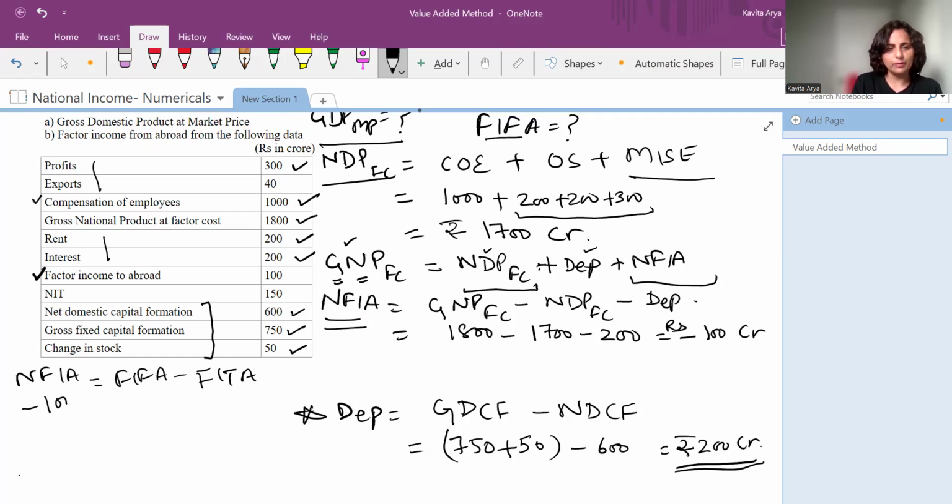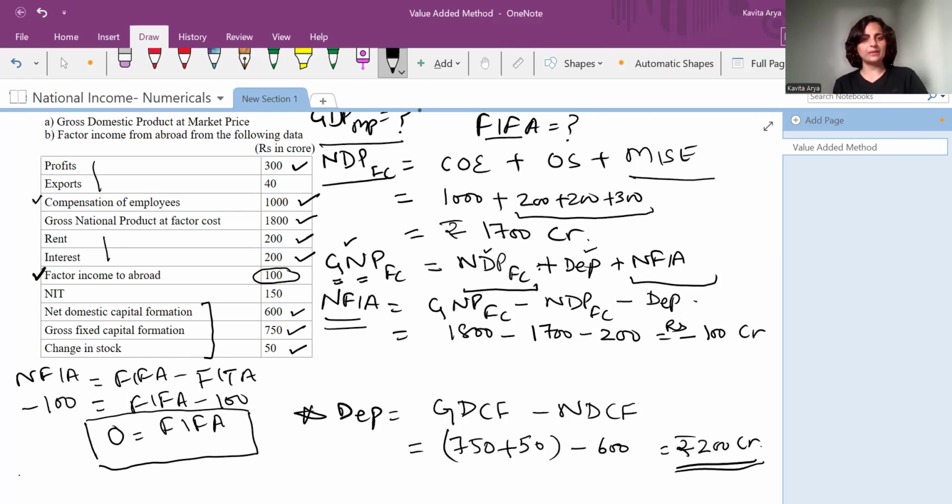NFIA we have calculated to be minus 100 and FIFA from abroad is to be found. FIFA to abroad is given to be 100. So FIFA becomes 100, when it goes here, cancels this minus and becomes 0. So we have found one answer of this question. It's a wonderful question you can think about. So FIFA is sorted and that is 0.